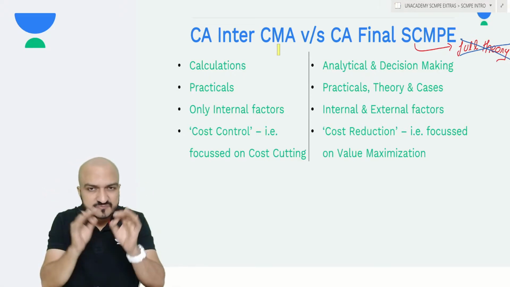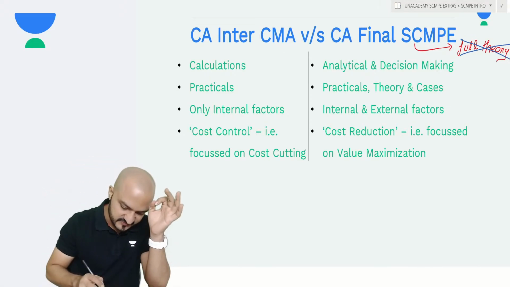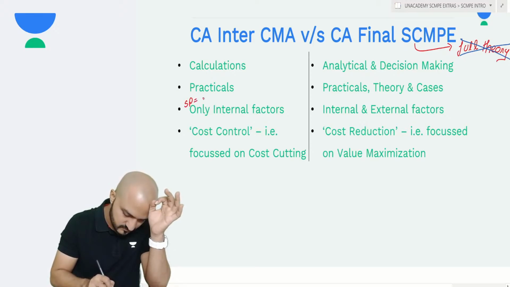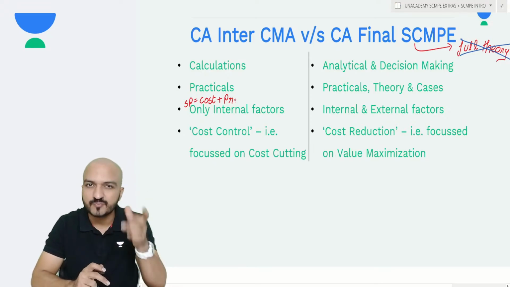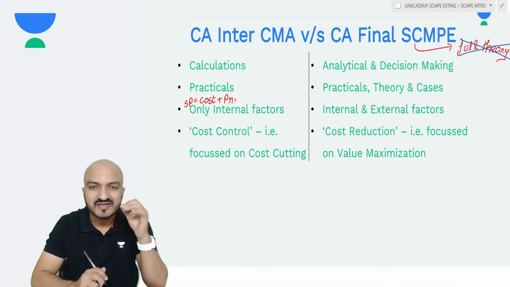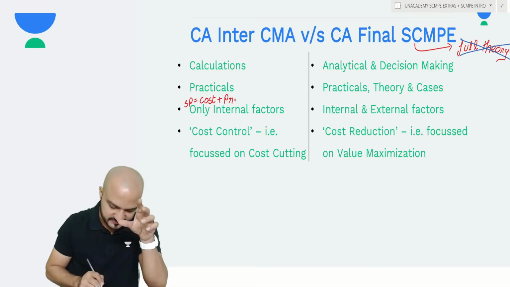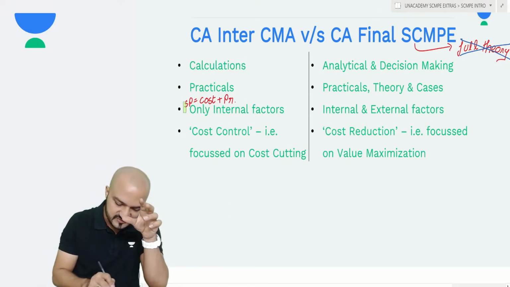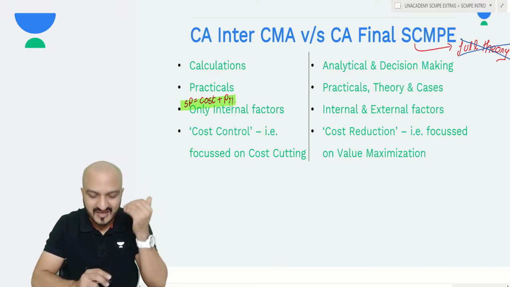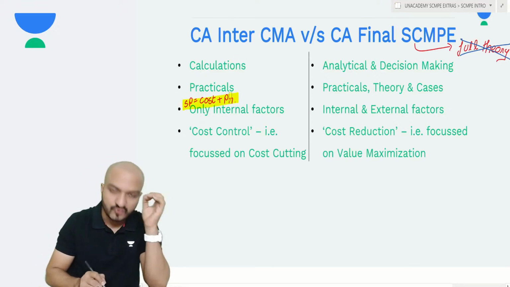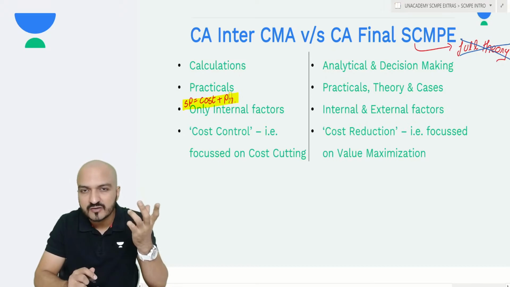Now think, if you decide your selling price by this method, cost plus profit, is it necessary that at this price your customers will buy the product? Is it necessary that at this price you will get enough demand for the product?